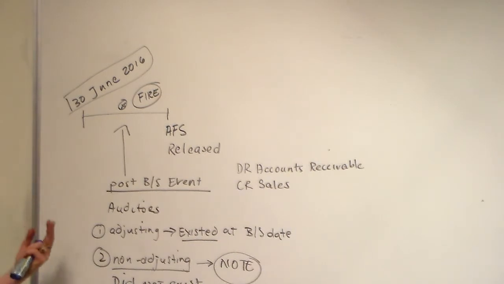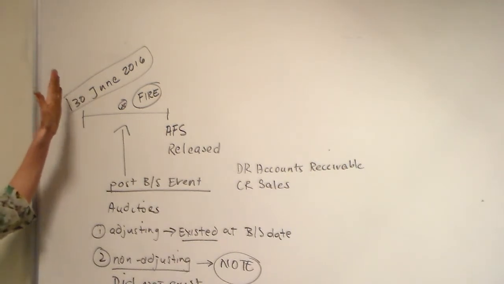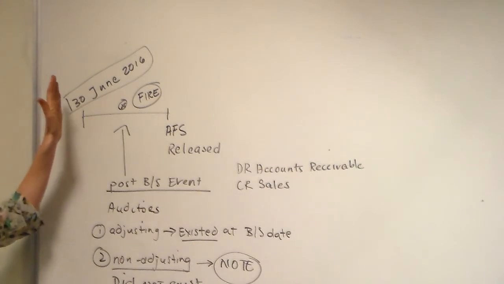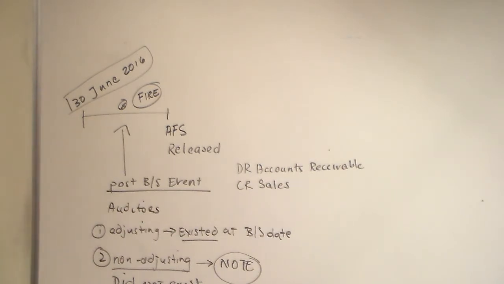Obviously it's not actually affecting figures up until 30th of June 2016. However, it's obviously information that will be of value to the shareholders, and we need to inform them of any relevant information that we are aware of so that they can make appropriate decisions.